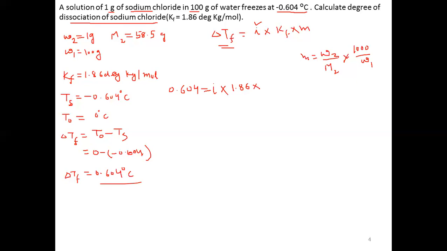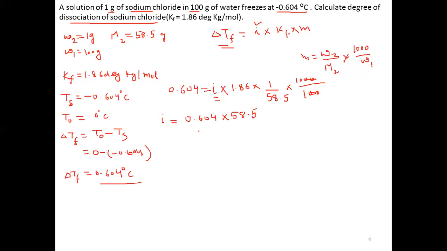1.86 into molality. Now W2 is 1. Its molecular weight is 58.5 into 1000. Weight of water is 100. Okay, 1000 divided by 100, so it gets cancelled. So it is 10. So we have to calculate iota. Now iota comes out to be 0.604 into 58.5.